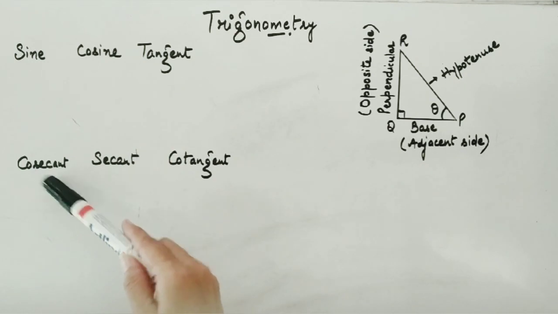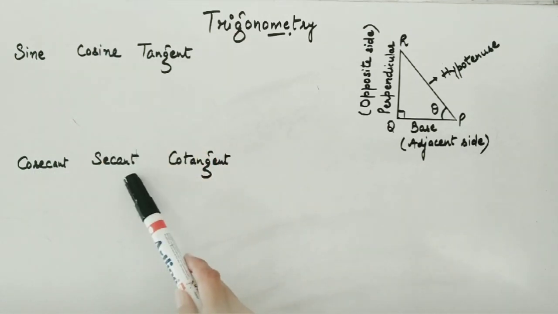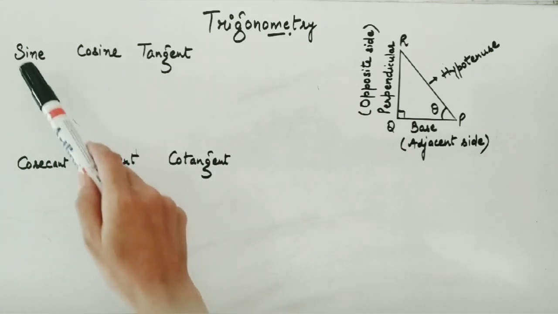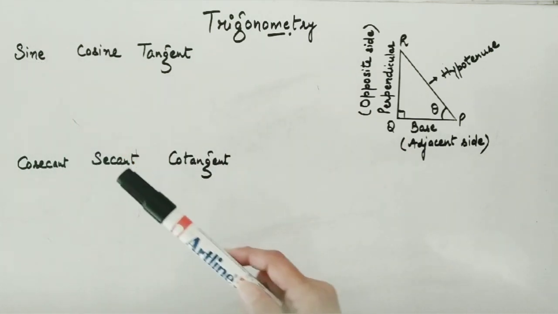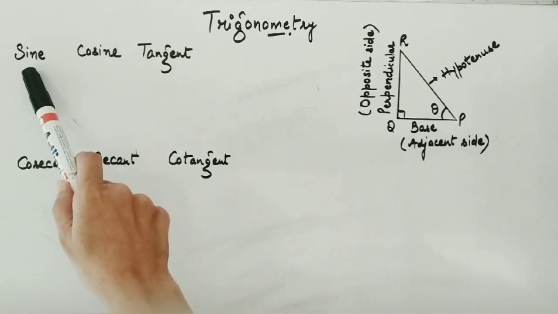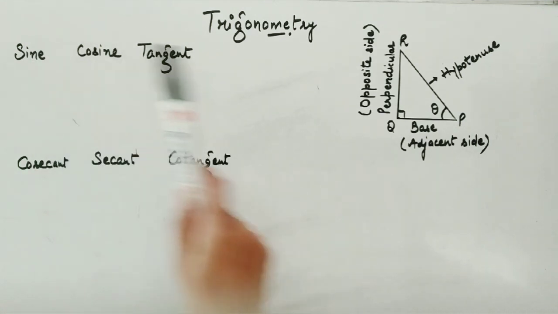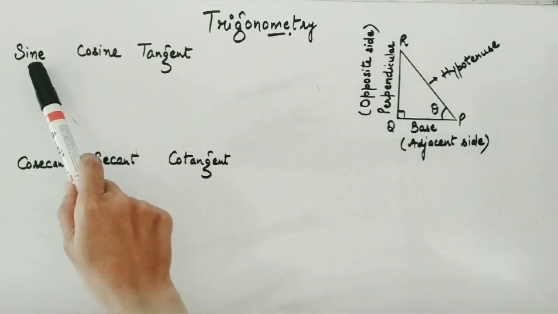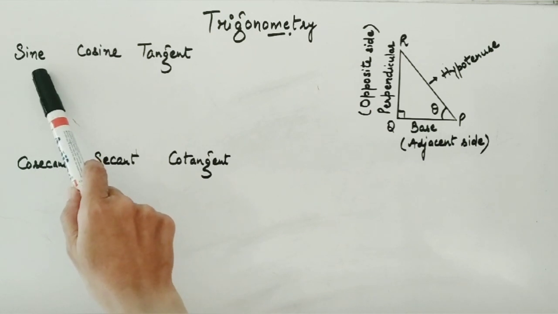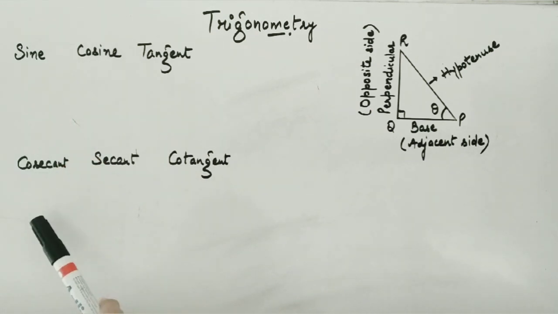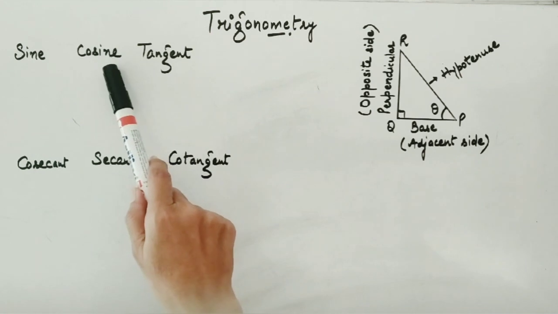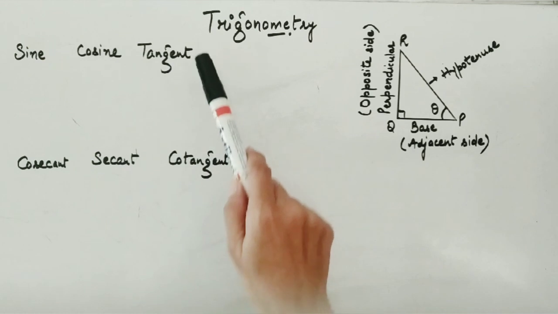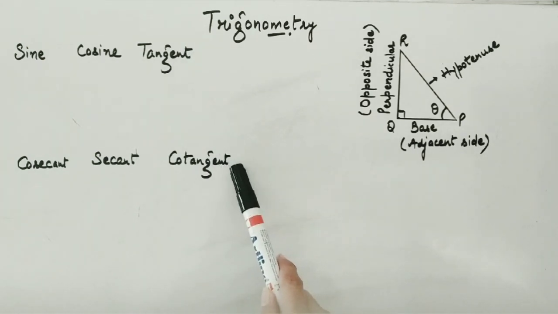Sine's partner is cosecant, cosine's partner is secant, and for tangent it is cotangent. Why do I call them partners? Because when we pick up the ratio of sides from this triangle, whatever the ratio for sine, just reciprocate it to obtain cosec. For cos, whatever we have, reciprocate it to obtain secant, and a similar thing would be done for the third pair.